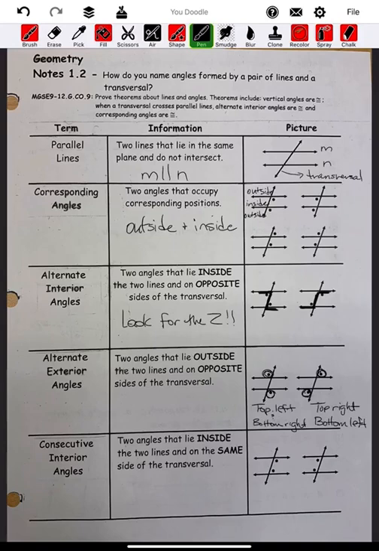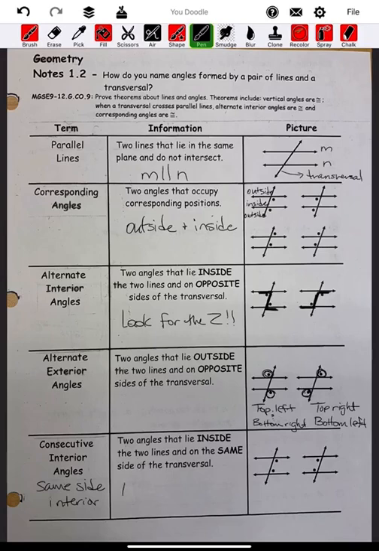This time we're going to have them both be on the left or both be on the right, not one on each side. So under this box, I want you to write same side interior. That basically means they're on the same side and they're inside the two parallel lines.